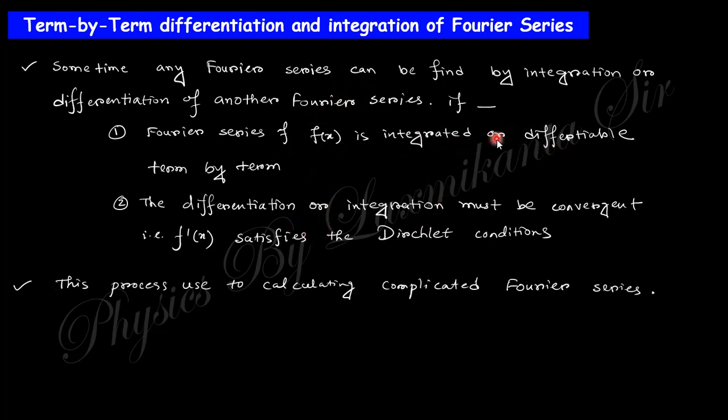For that you need to satisfy this condition, that means it must be integrable within that region, and the differentiation or integration must converge within that region. So after integration or derivative, this f prime must satisfy convergence, and this must satisfy the Dirichlet condition. And the process used to calculate complicated Fourier series is actually found using this process.